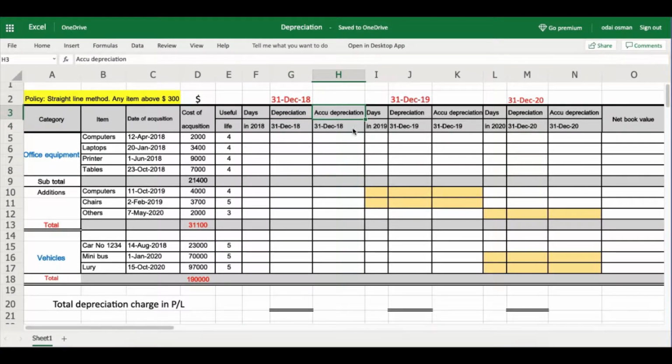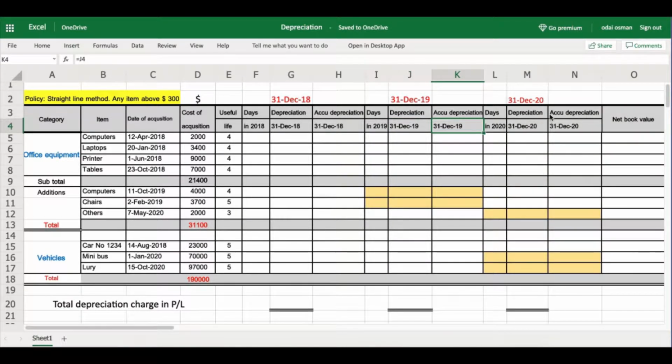In the accumulated depreciation for 2018, and then we have one column for days in 2019. In the next year 2019, we need to charge the depreciation as at 31st of December 2019, and we need to calculate the accumulated depreciation as at 31st of December 2019.